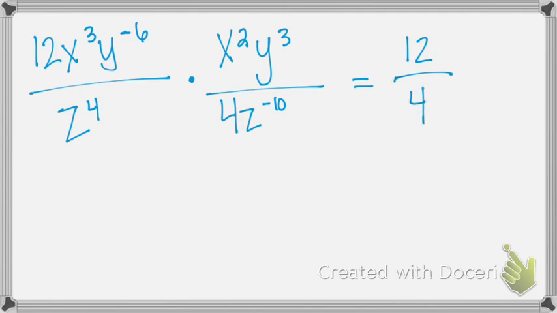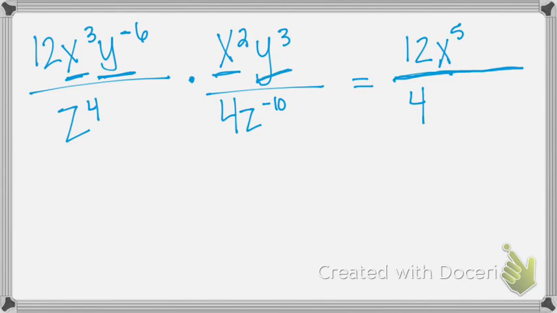Okay? Now, let's combine everything on the top. So I have an x cubed and an x squared, which when you're multiplying, remember you add them. So we have x to the 5th, okay? Now we combine our y's. Y negative 6 and y cubed.